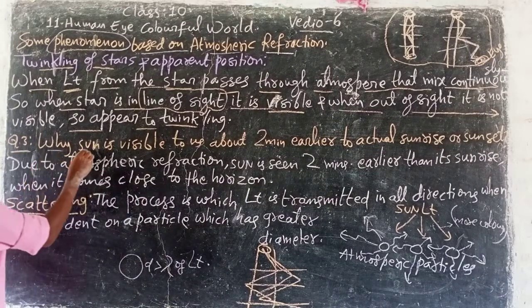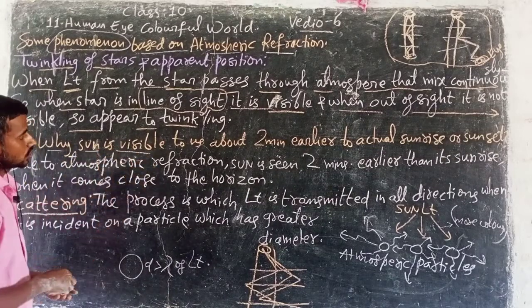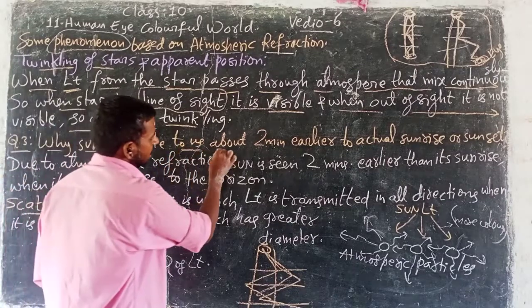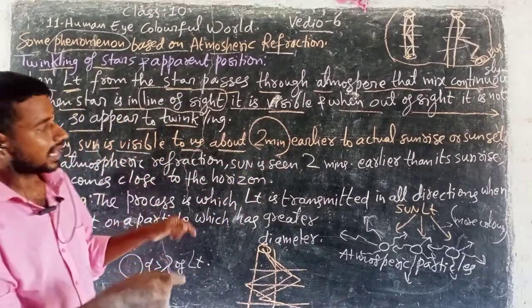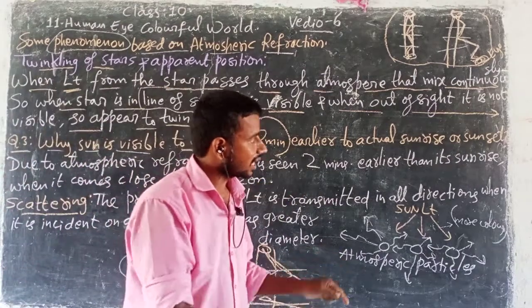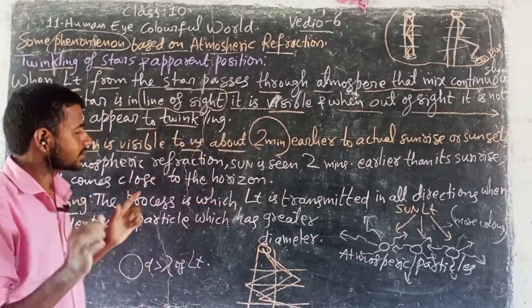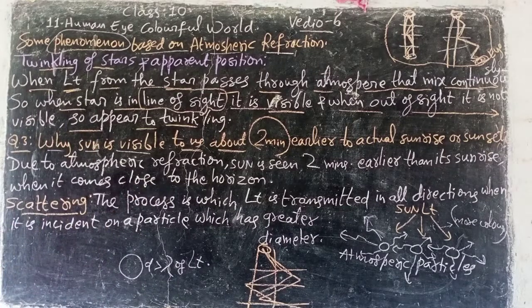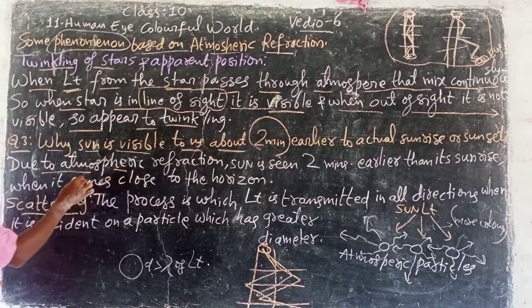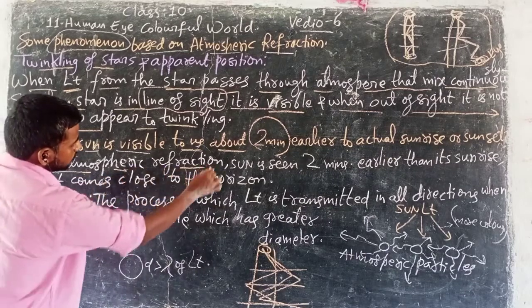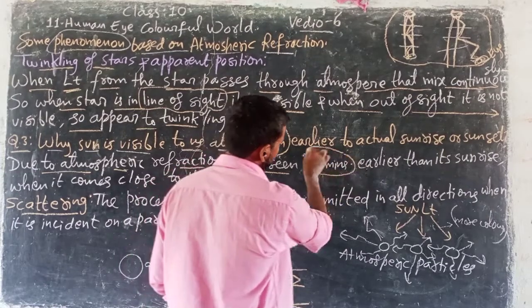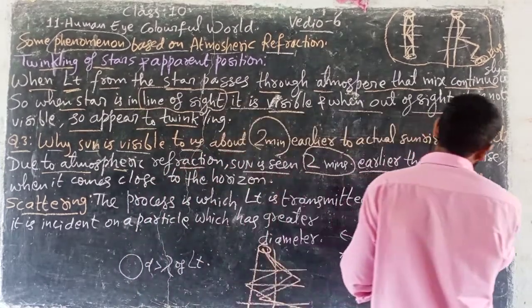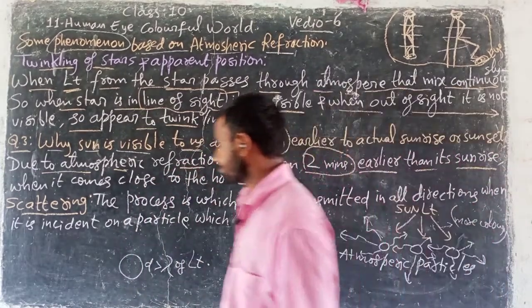Look here. Why is the sun visible to us about 2 minutes before the actual sunrise, or 2 minutes after the actual sunset? Why? Due to atmospheric refraction, the sun is seen 2 minutes earlier than its sunrise.